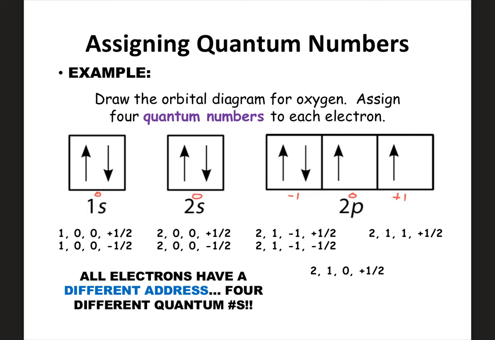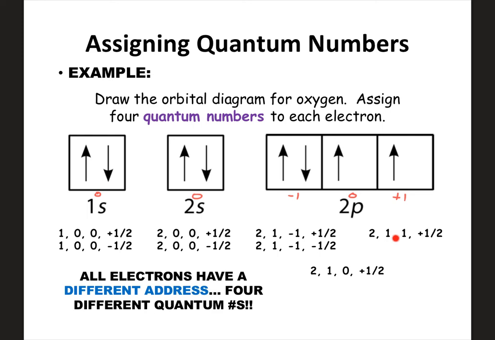And then for the last two electrons here, again, the first two quantum numbers are going to be the same. And then it's the last two that you have to worry about here. This one that's in the middle is going to have an ML value of 0 because the middle orbital is always labeled as 0. It's going up, so it's +1/2.